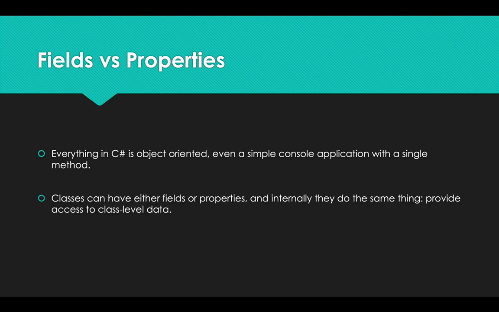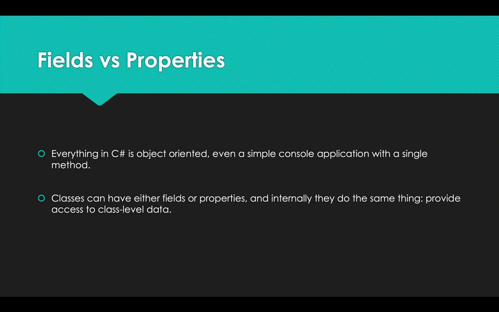Classes themselves can have either fields or properties, and basically both of these things do exactly the same thing. They provide access to class level data. So fields and properties both act as state for the class, and really the differentiator between them is the code that you can run on properties versus no code being run on fields.